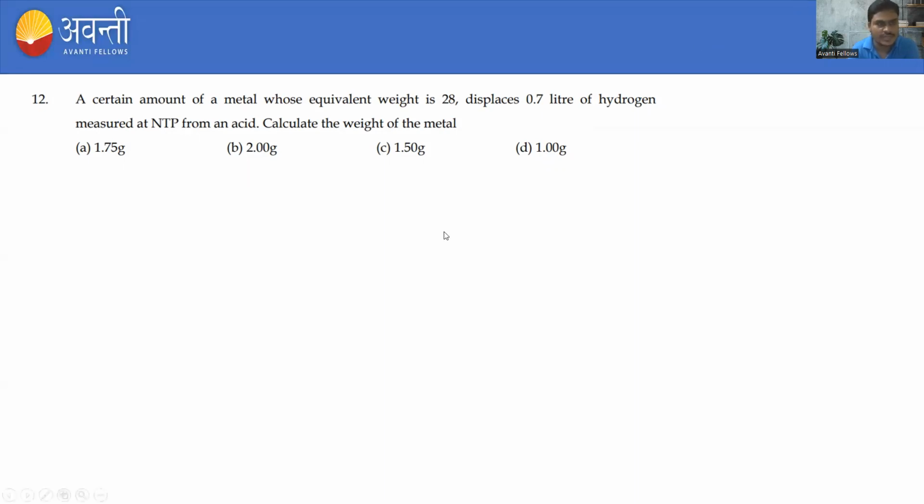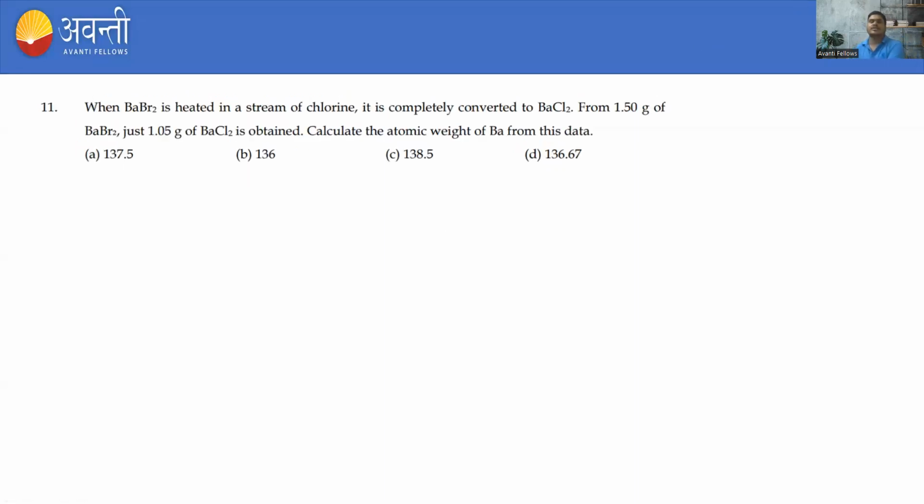Before this, I guess we have question number 11. When BaBr2 is heated in a stream of chlorine, it is completely converted to BaCl2. From 1.50 gram of BaBr2, just 1.05 gram of BaCl2 is obtained. You have to calculate the atomic weight of Ba by using this data only.